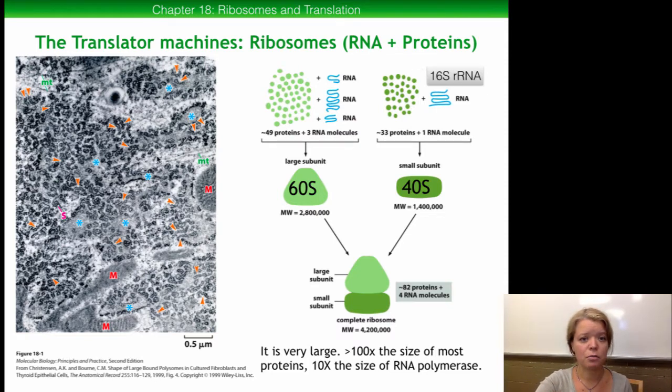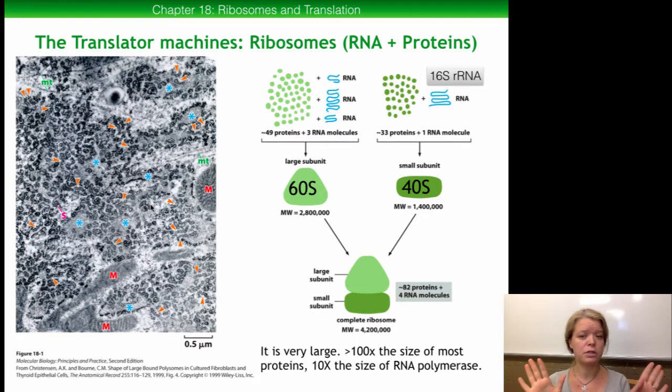In this electron micrograph, you can see hundreds, probably thousands, of ribosomes that are all these tiny little black dots coating the endoplasmic reticulum of our cell, but also found just hanging out in the cytosol as well. Ribosomes are so large that you can see them in electron micrographs.